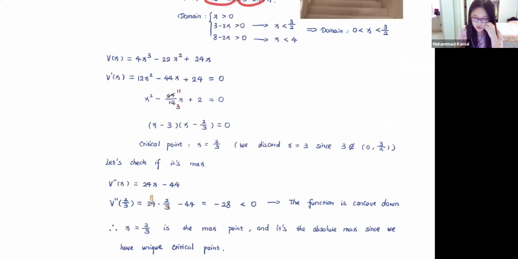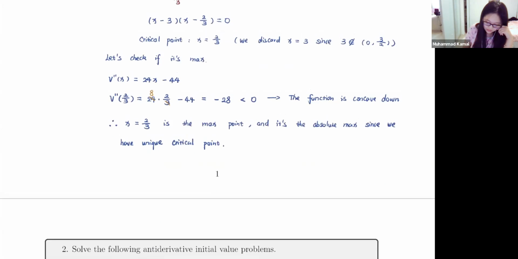So 8 minus 2x equals, what's 8 minus 2x? 20/3, and then 3 minus 2x equals 5/3.